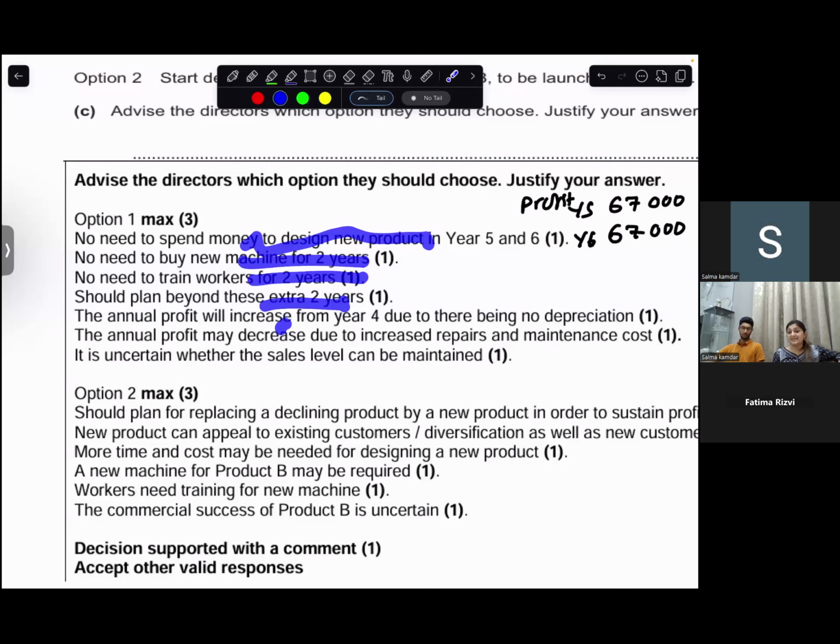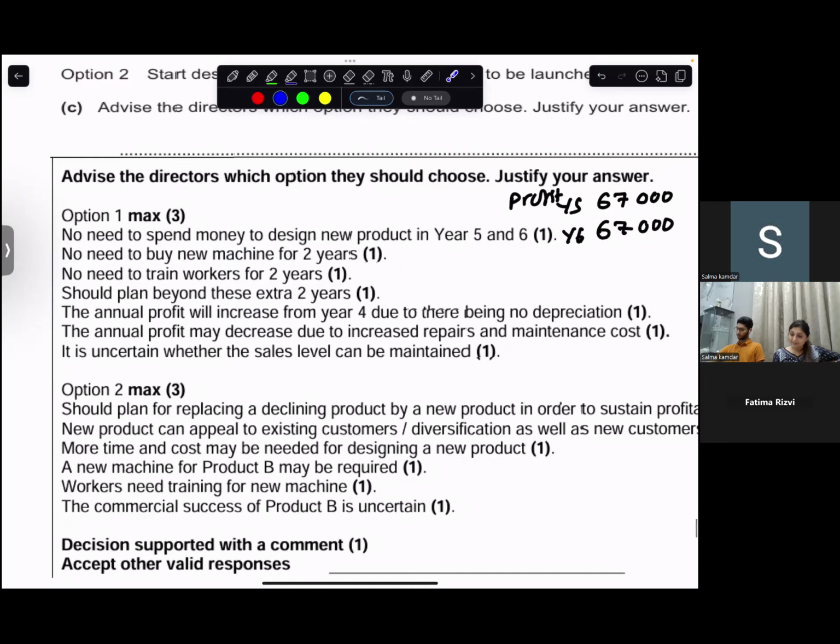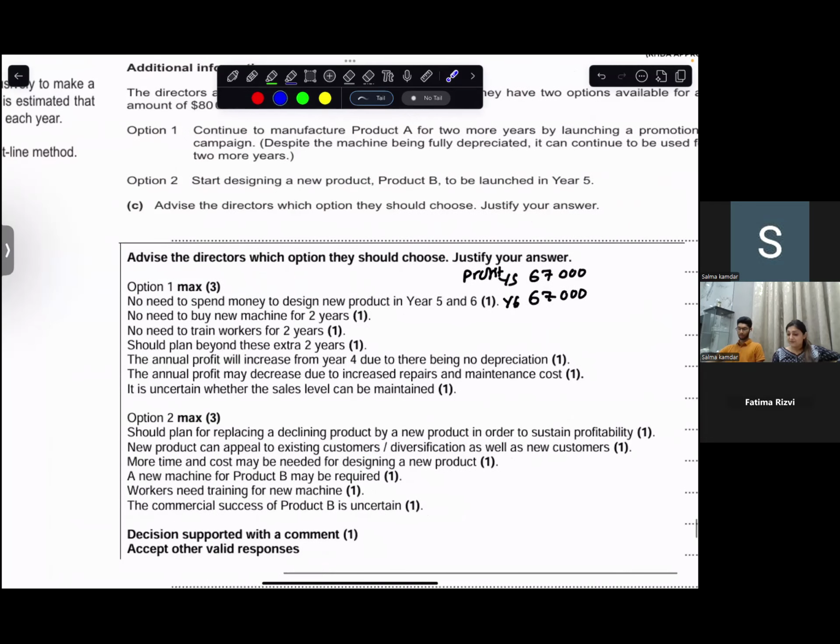And it is uncertain that the sales level can be maintained, but mostly the customers would be there, so they don't have to spend too much on the advertisement. Even they will get a positive NPV then. See why they are telling they are not sure about the sales: every product passes through a life cycle, which is called the product life cycle.